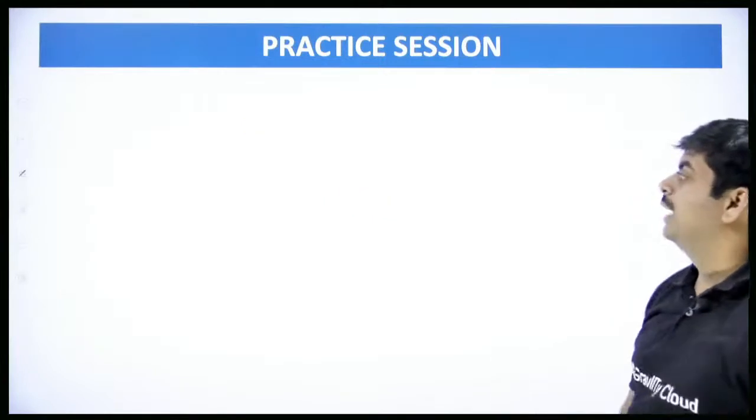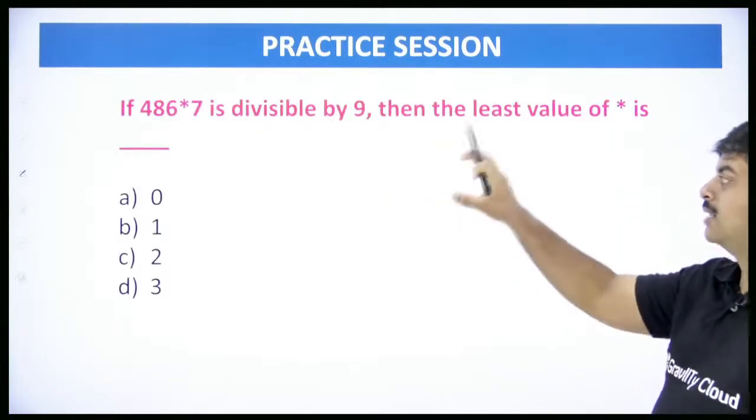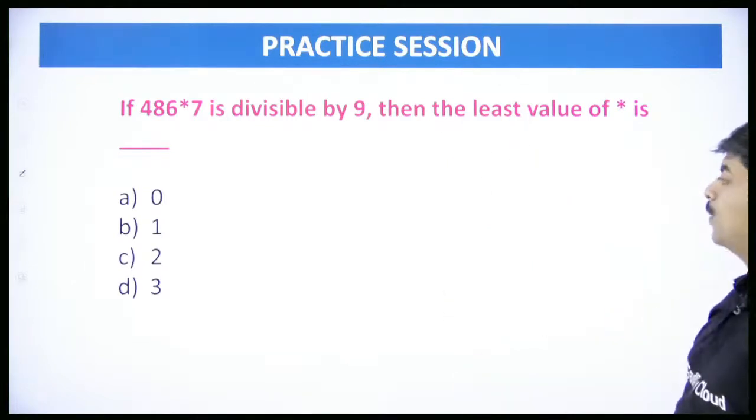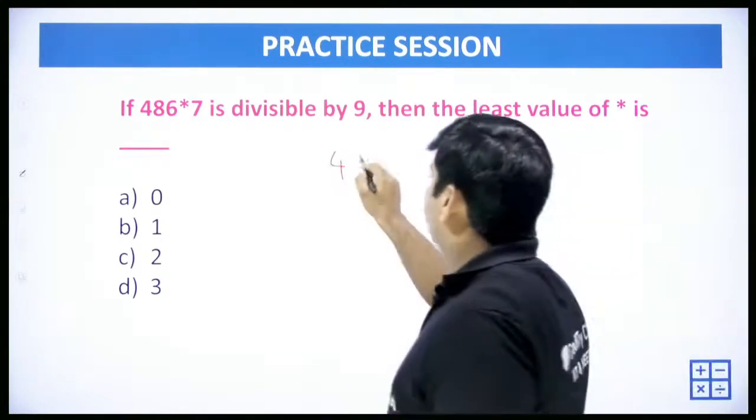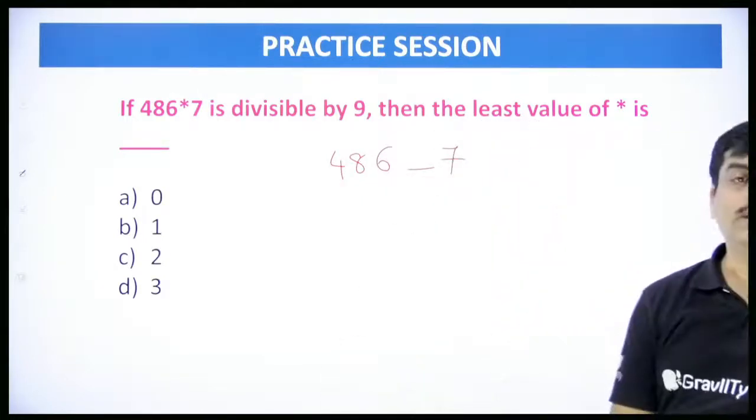Next one. If 486*7 is divisible by 9, the least value of star is? We have 4, 8, 6, some number, and 7.